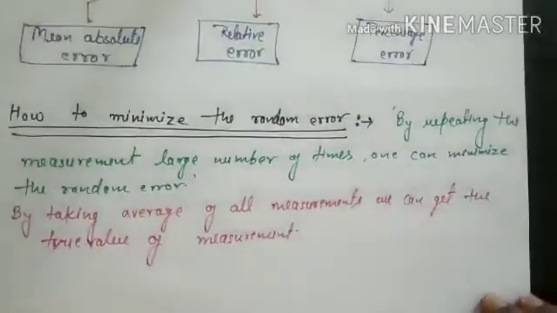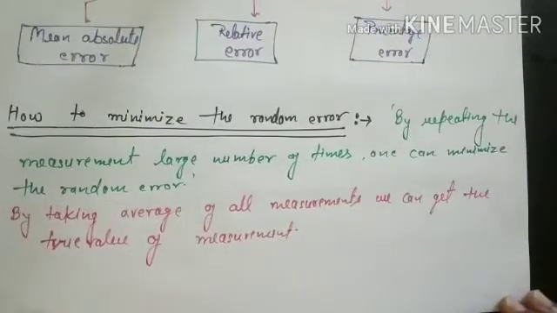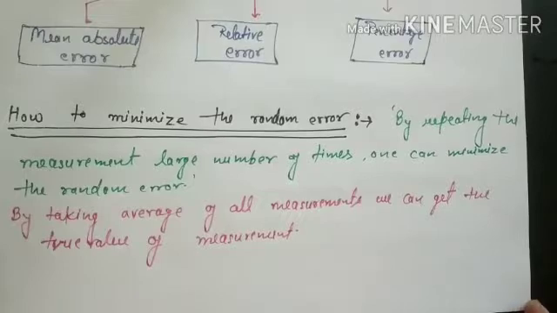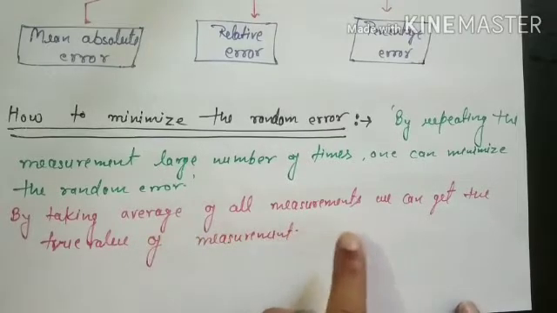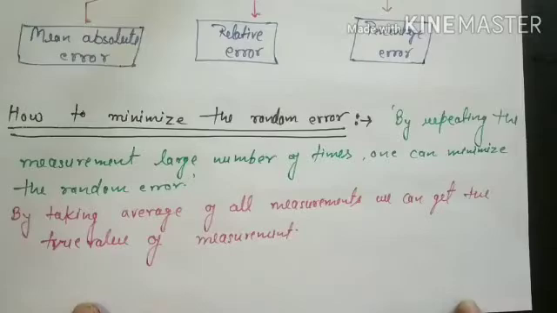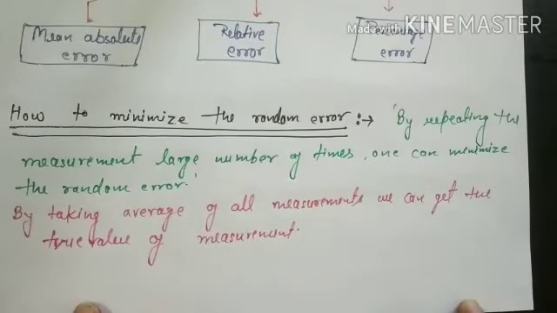By repeating the measurement a large number of times, one can minimize random errors. It's very simple. If you are getting lots of deviated results, then you can take the average value. If you're not getting a faithful result during your measurement, then you can repeat your measurement several times and take the average value. By taking the average of all measurements, we can get the true value of the measurement.